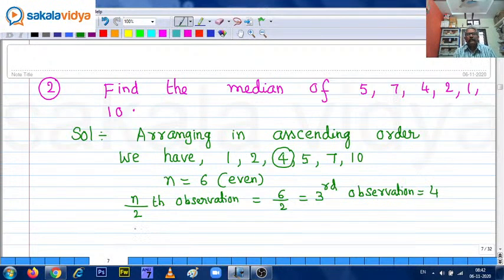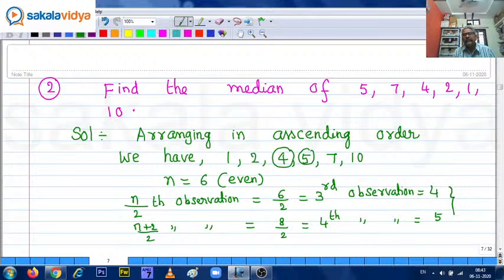Next, the n plus 2 by 2 observation. That is 8 by 2, so the fourth observation. What is the fourth observation? 5.